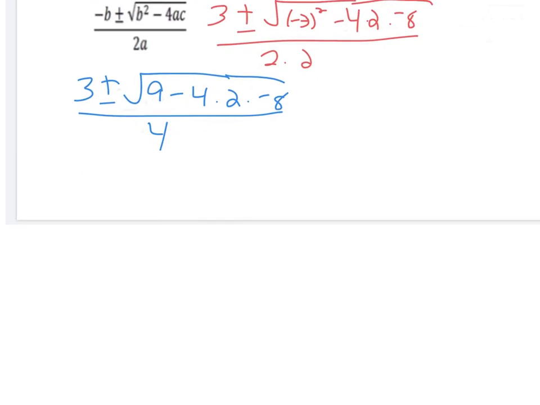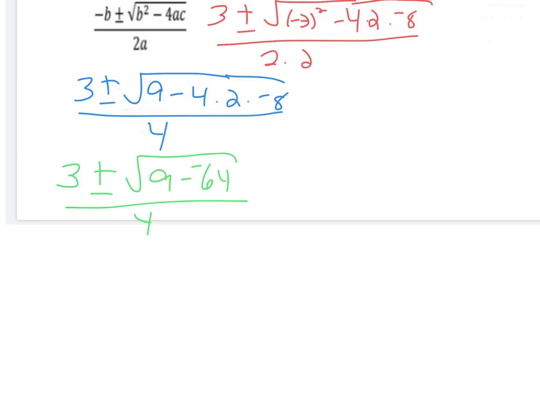Then I have to still simplify through the multiplication, so it'd be 3 plus or minus the square root of 9 minus, and 4 times 2 is 8, times negative 8 is negative 64. And that would be over 4. I now can subtract underneath my square root sign.